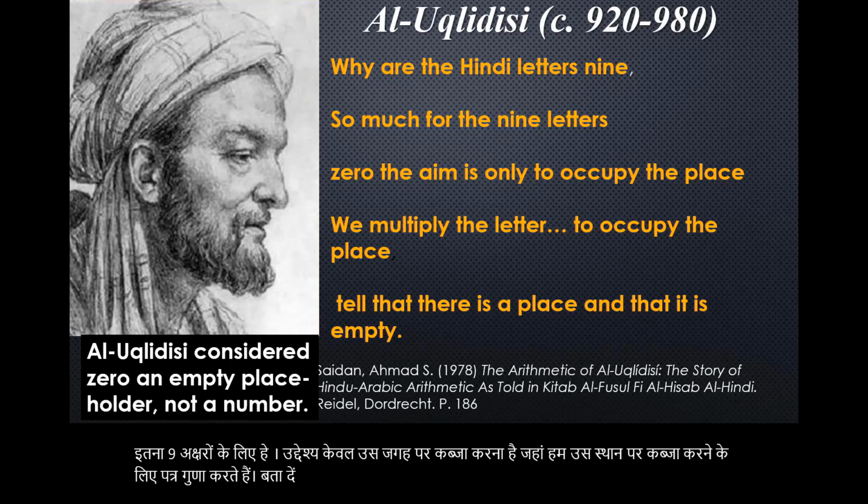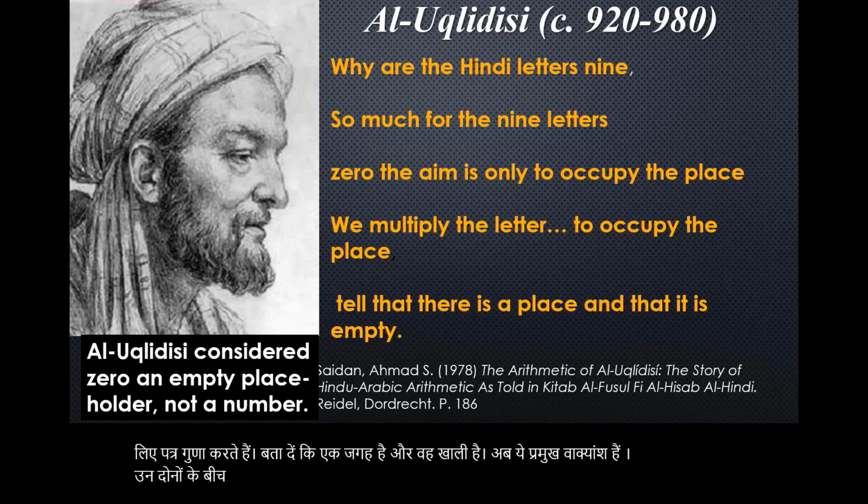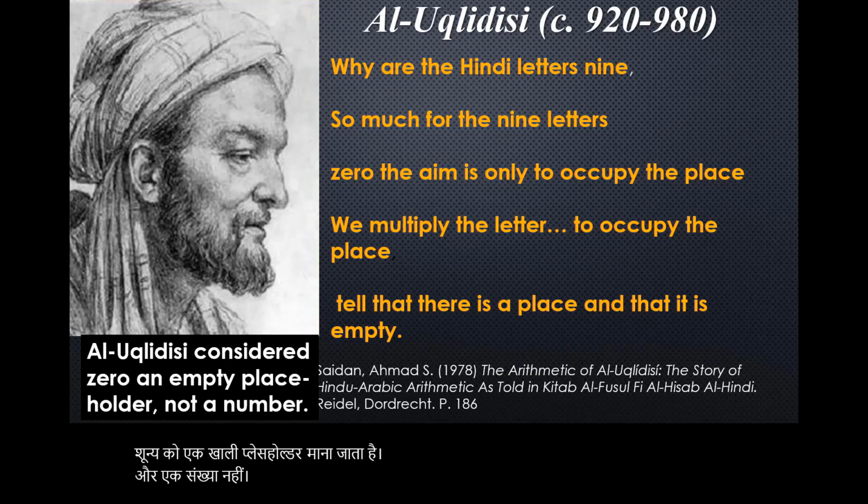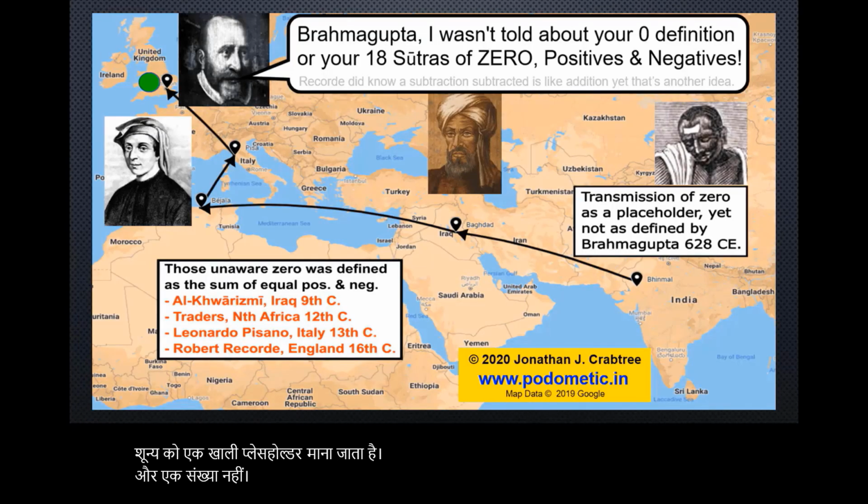Now, these are key phrases. There's much more in between them. But what we find is that al-Uqlidisi considered 0 an empty placeholder and not a number. And that's again because from India, we had the transmission of 0 as the placeholder, yet not as defined by Brahmagupta.